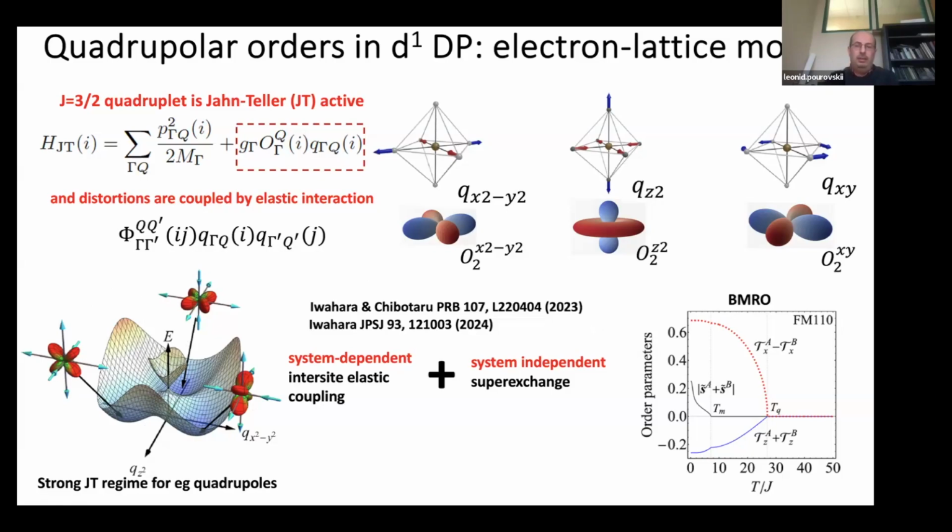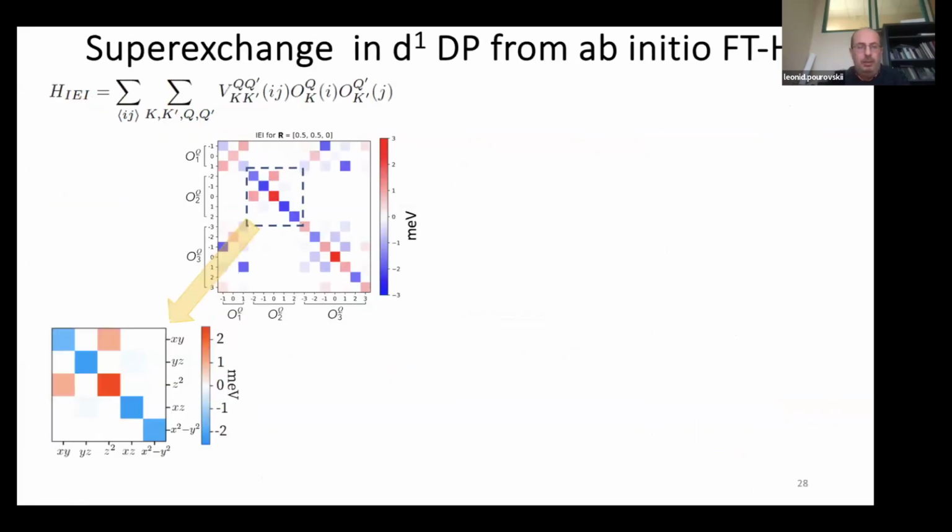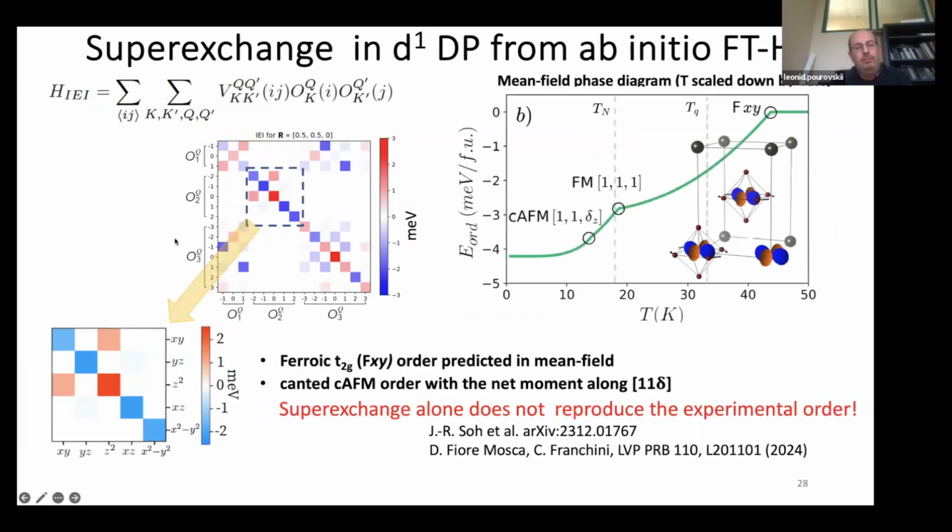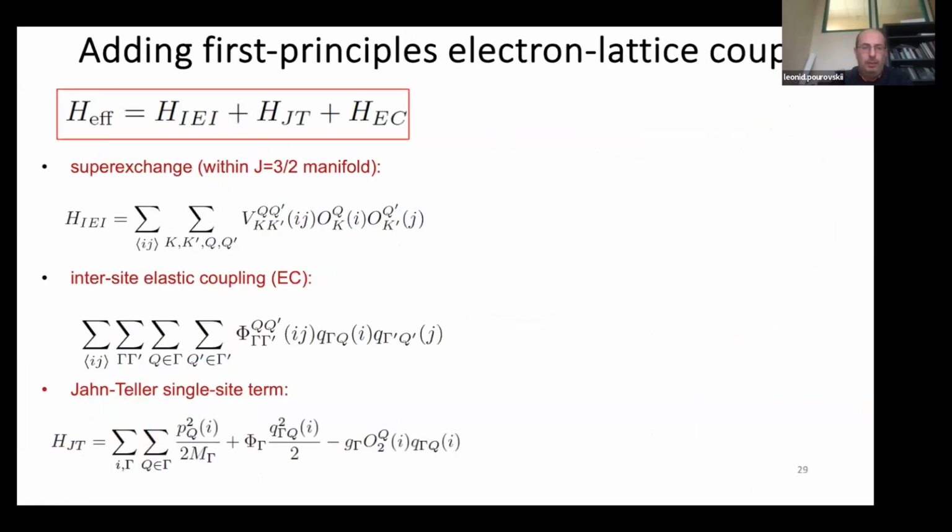So basically they consider this and they found that they can also explain experimental data with this. So we did the same kind of calculations for superexchange, and we found that superexchange alone doesn't explain the appearance of this antiferroic quadrupolar order, because there are competing ferroic quadrupolar interactions which are stronger and would favor a ferroic quadrupolar order.